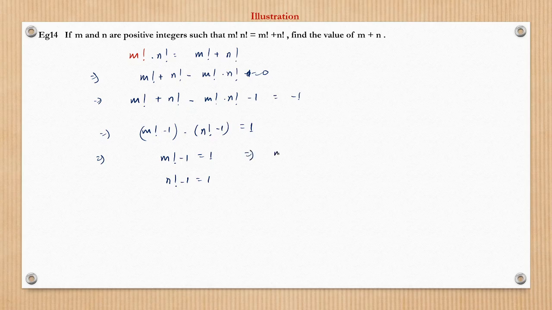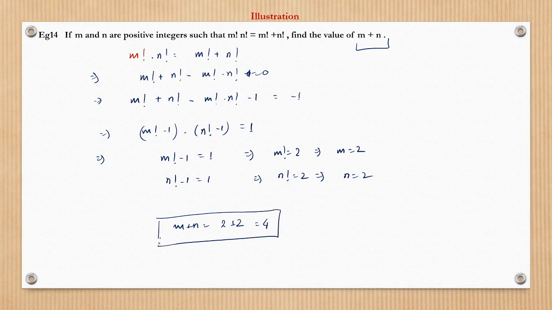So from here m factorial is 2, which is nothing but m is equal to 2 because 2 factorial is equal to 2. Same here, n factorial is equal to 2, that means n is equal to 2. We have to find the value of m plus n. So m plus n is nothing but 2 plus 2, which is 4. So this is the way.